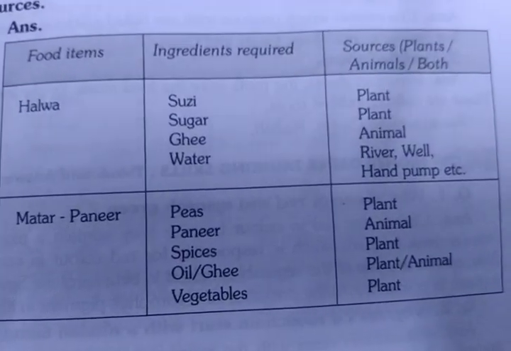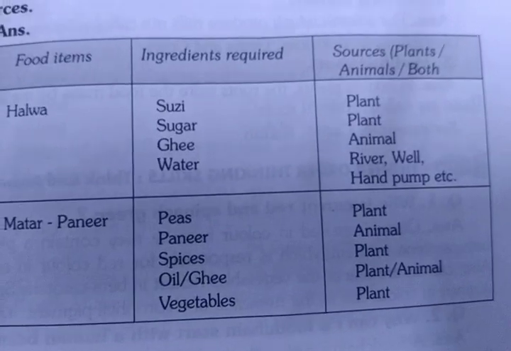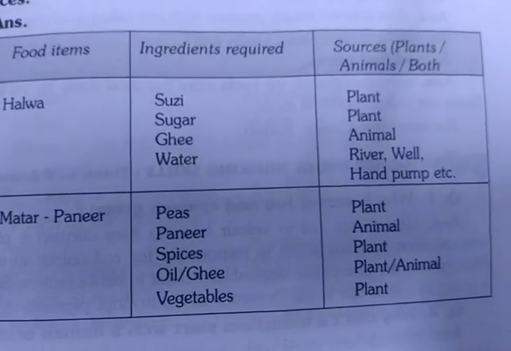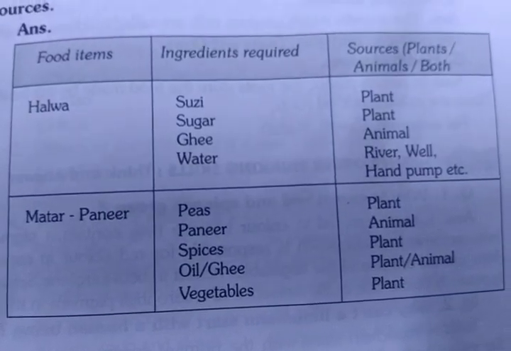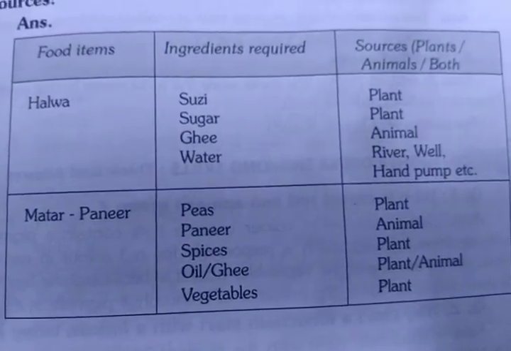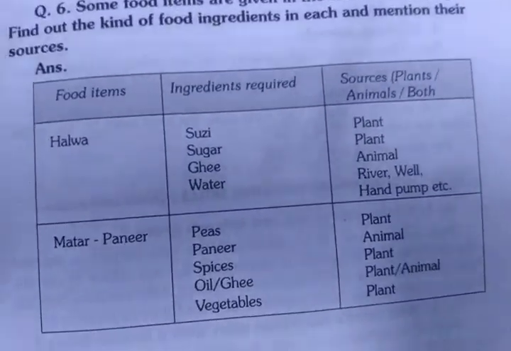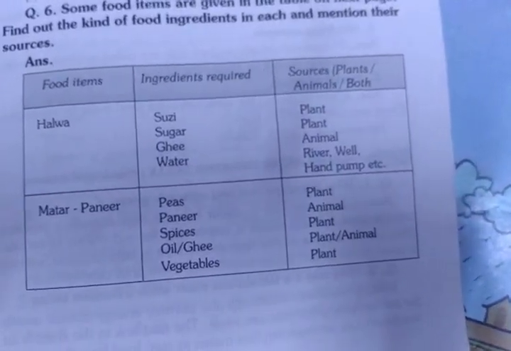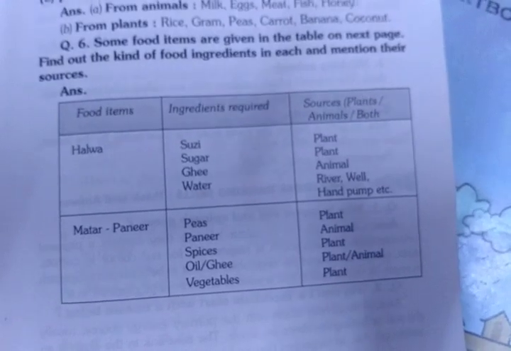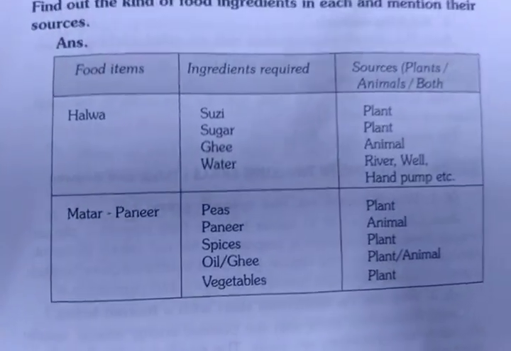What are the sources of peas? Plant. What are the sources of paneer? Animals' milk. What are the sources of spices? Plants. What are the sources of oil and ghee? Plant and animal. What are the sources of vegetables? Plant. So these were the 2 items, halwa and matar paneer, and you can see the sources also, from where and what ingredients are being used to prepare this food.